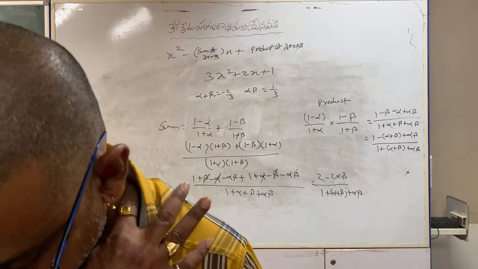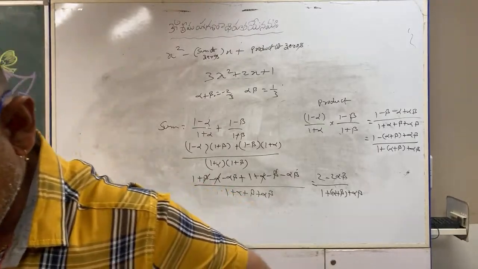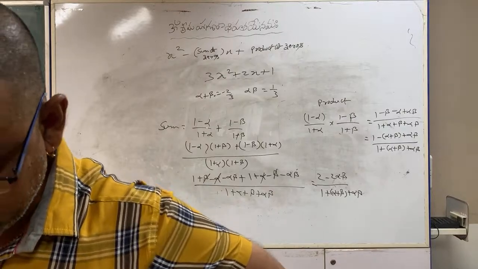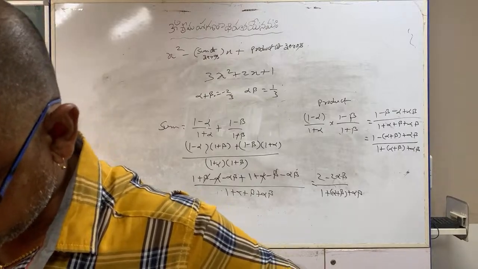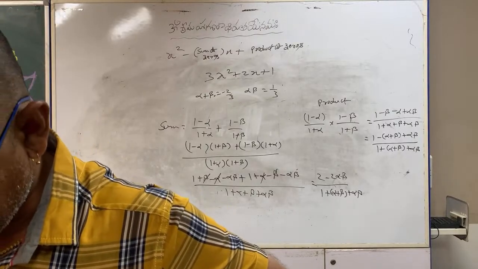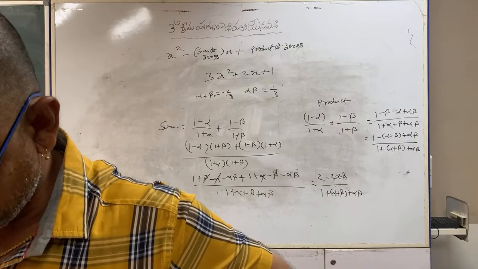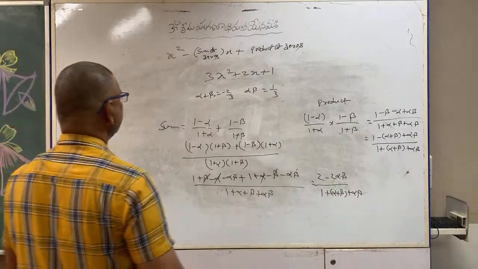Next question. In the given figure, DEFG is a square. Angle BAC is 90. Show that FG square is equal to BG into FC.